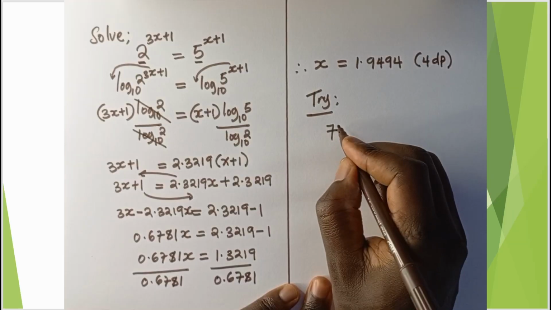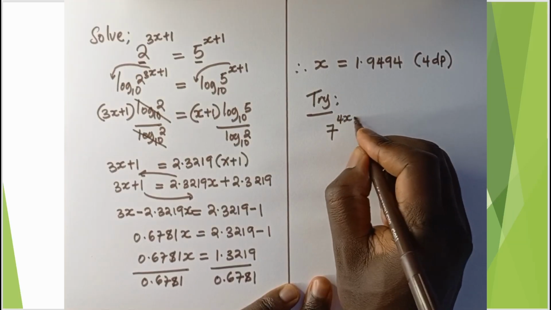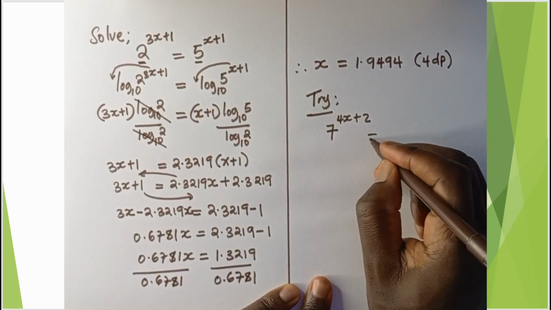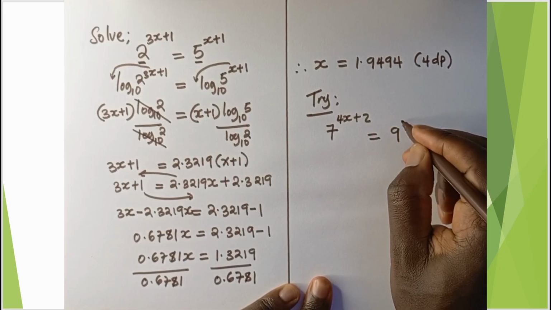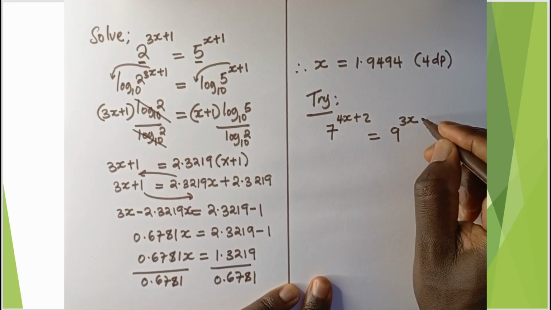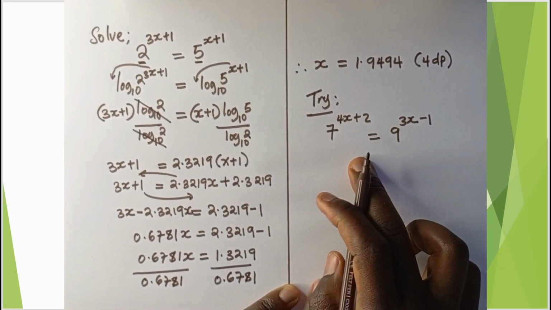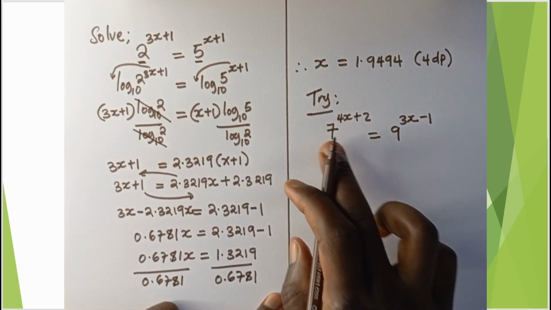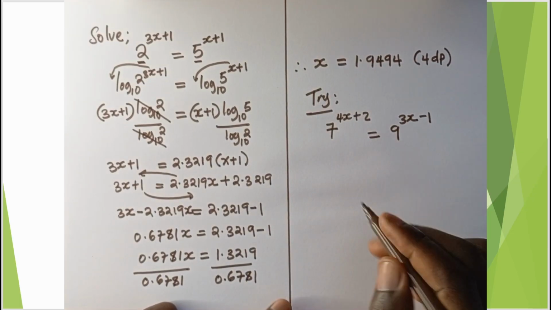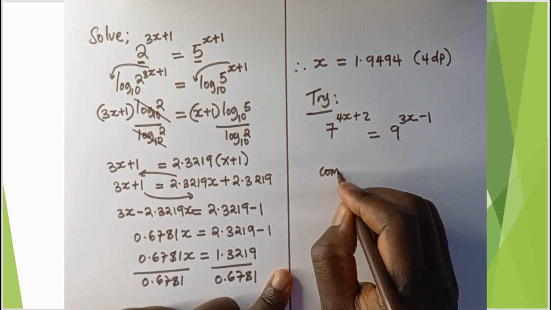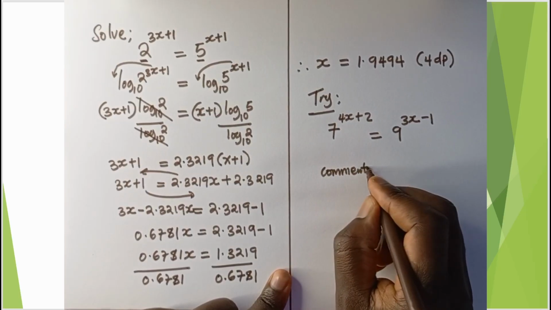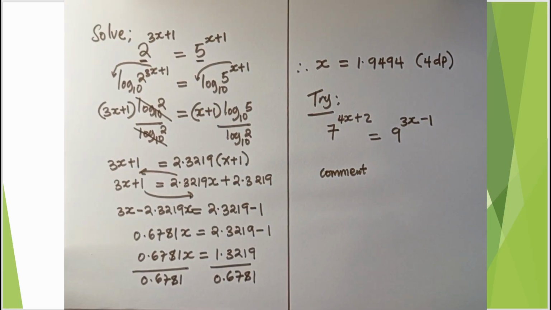Try out 7 power 4x plus 2 is equal to 9 power 3x minus 1. I want you to try out this equation and write your answer in the comment section. We meet in the next type of solving logarithmic equations.